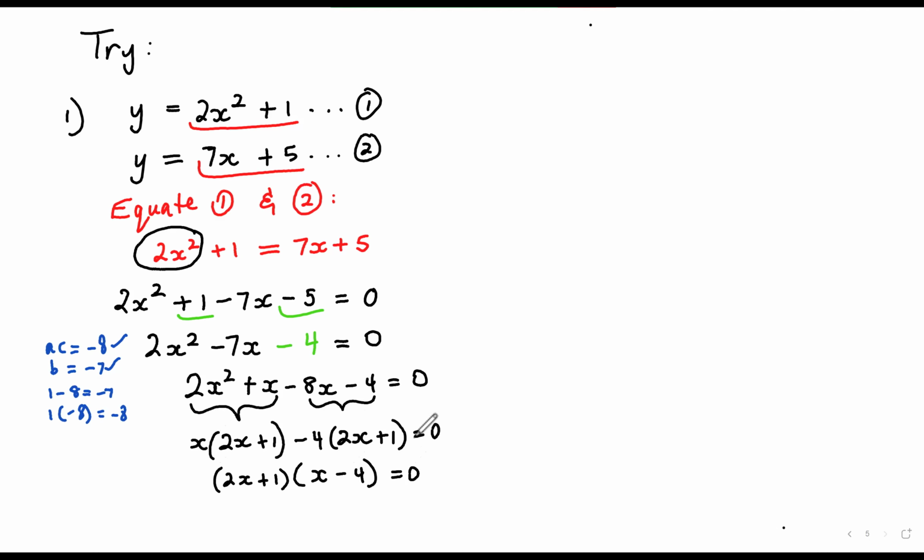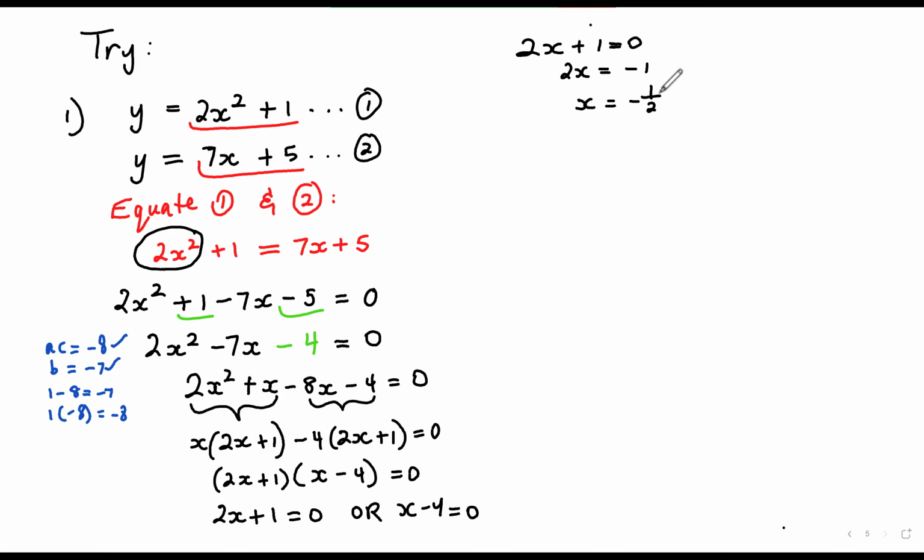So your two solutions here, you'll have 2x plus 1 is equal to 0, or x minus 4 is equal to 0. And if you have 2x plus 1 is equal to 0, that means 2x will be equal to 0 minus 1, which is negative 1, and then x is negative 1 over 2.